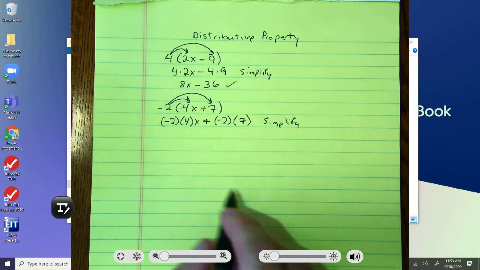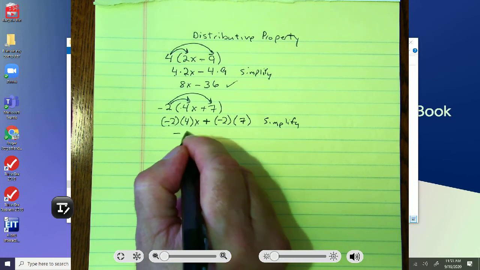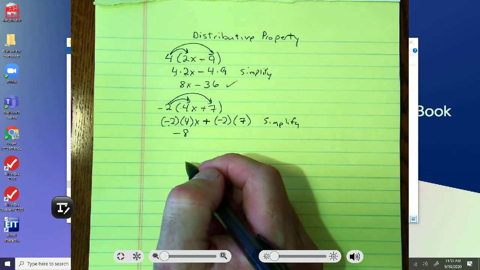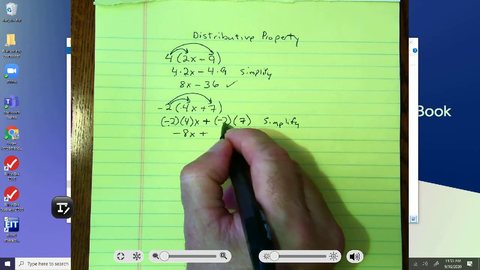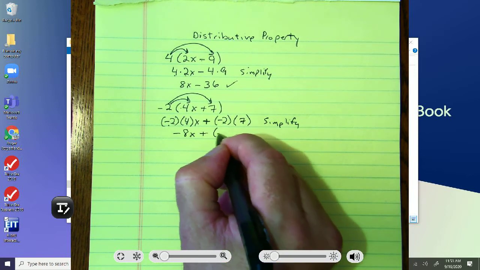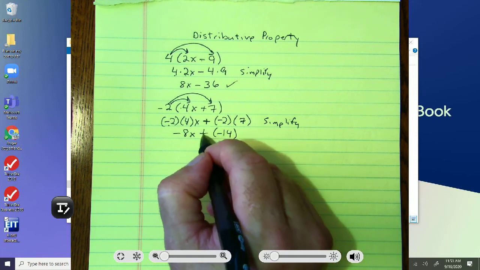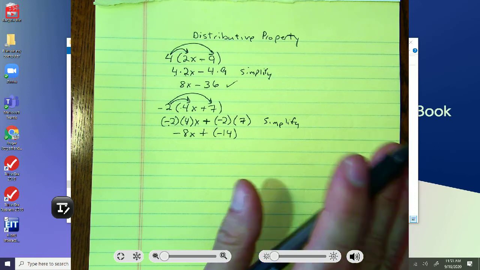We know negative 2 times 4 gives me negative 8, because a negative times a positive is always a negative. Operation stays. Negative 2 times 7. And look what I did there: keep that in parentheses rather than just write plus negative 14, so that it keeps it clean and neat.